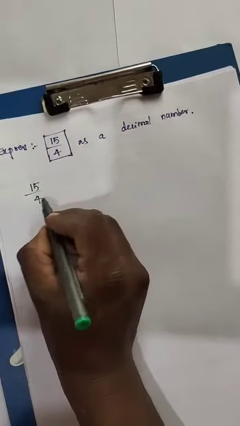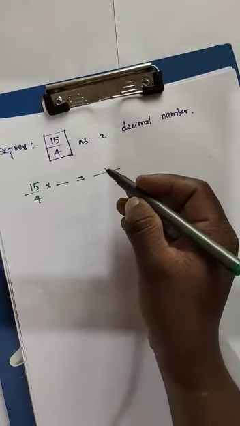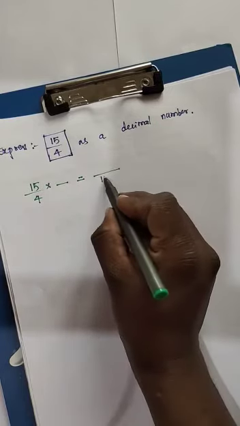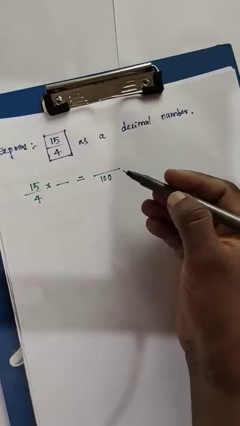By writing an equivalent rational number with the denominator as 10 or a power of 10, so 15 by 4, we can multiply to get the denominator as 10 or a power of 10. So we need to multiply, making the denominator equal to 100.